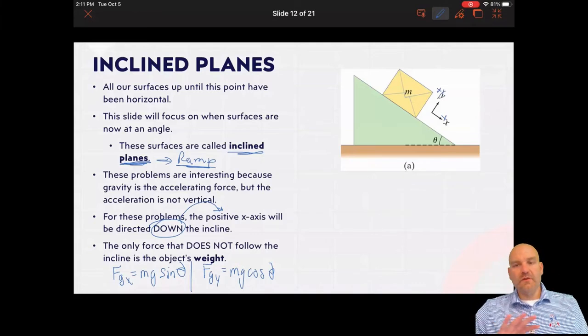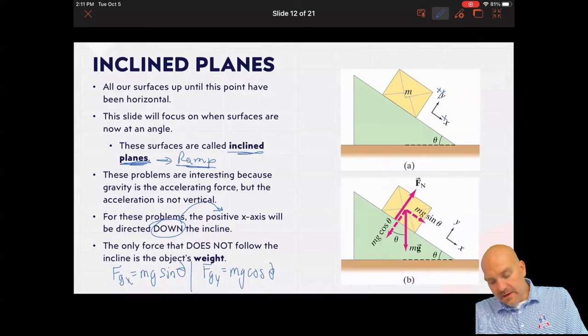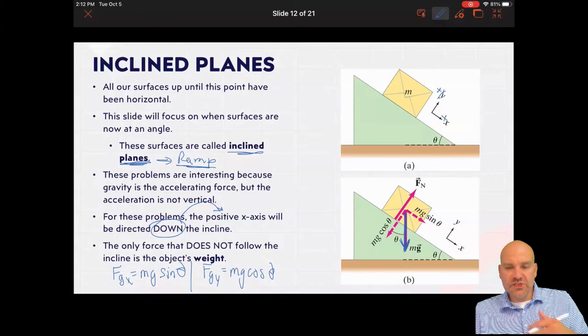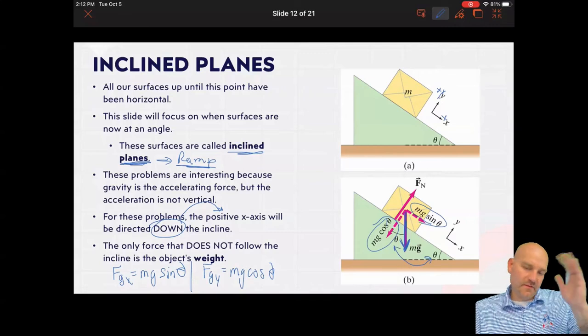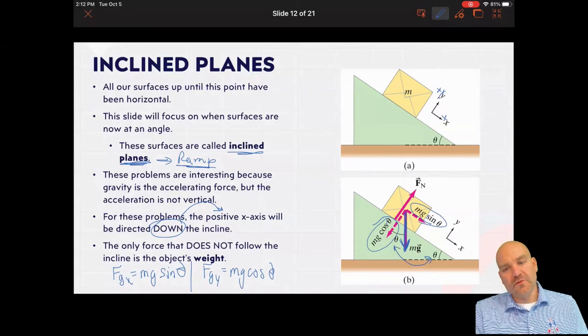All the forces will follow that incline except for one, and that's our weight vector. Here's the weight vector; it just points straight down. Again, there are those two equations, your x and your y. These angles do match up. The angle of incline is the angle that the vector makes with the vertical.